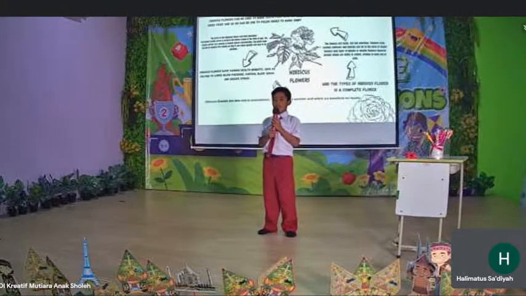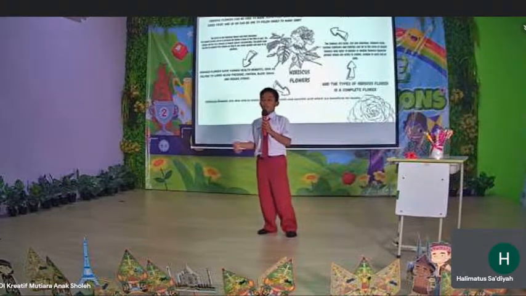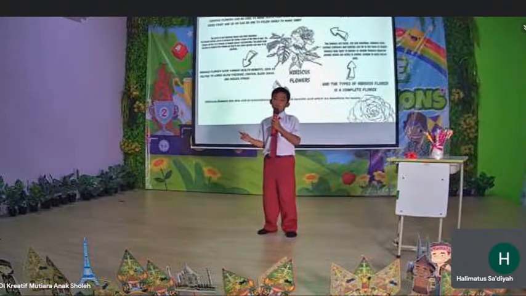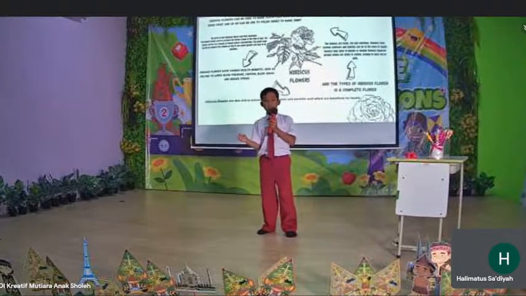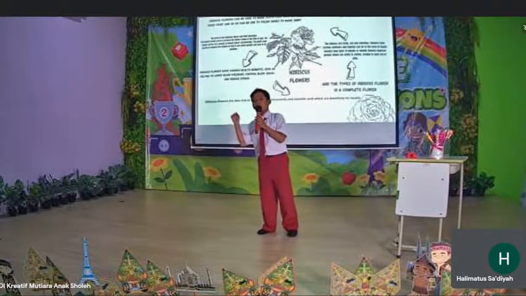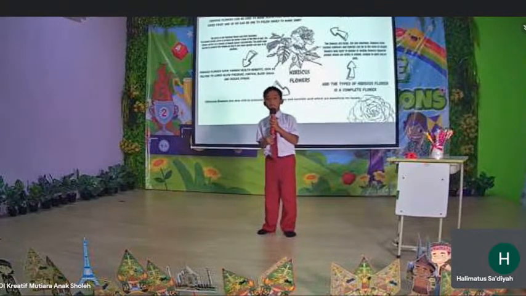And the colors of hibiscus flower are many. The first is white, the second is yellow, the third is orange, and the fourth is dark red and pink. And the type of hibiscus flower is a complete flower.